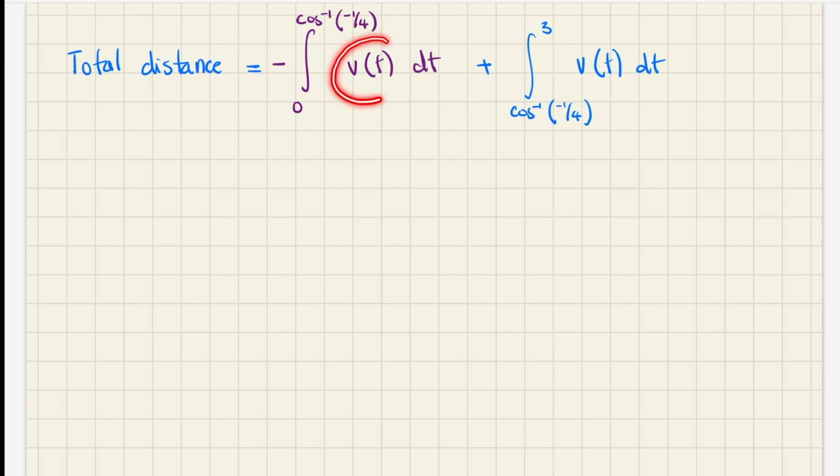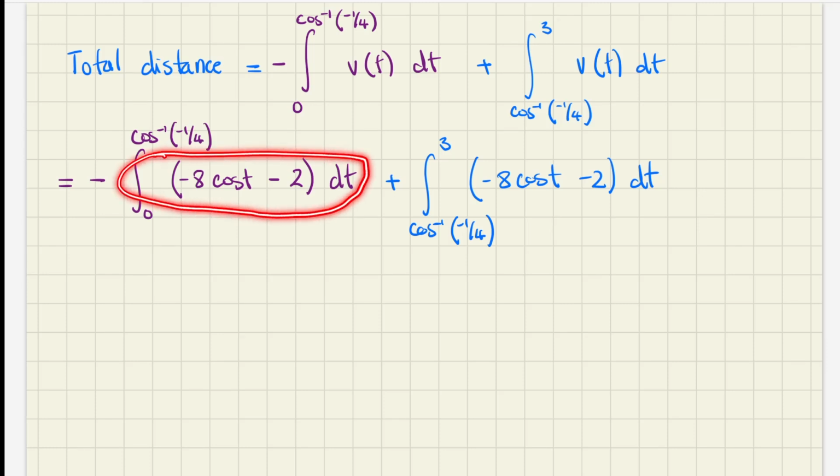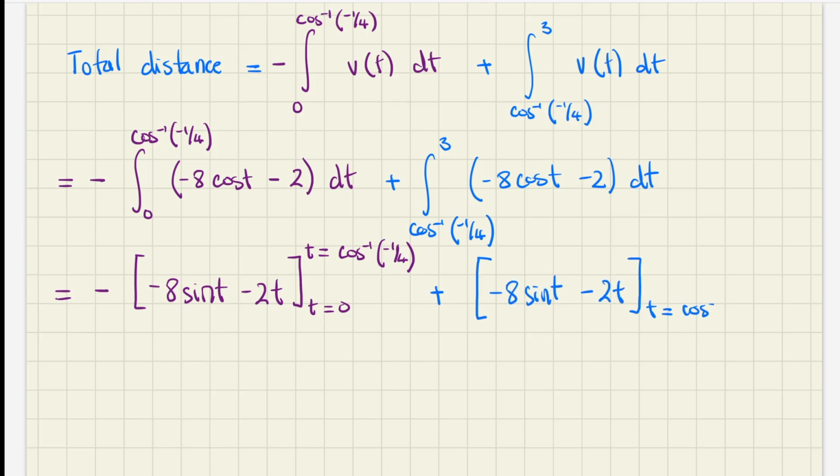And we will replace v of t with negative 8 cosine t minus 2. And the integral of negative 8 cosine t minus 2 dt was found in the previous problem, which is negative 8 times sine t minus 2t. Next, I'll need to evaluate each part.